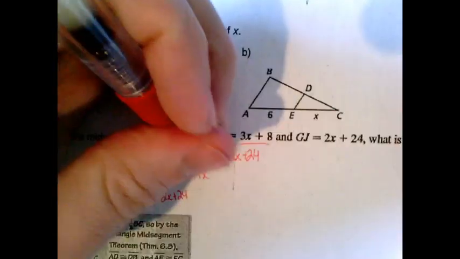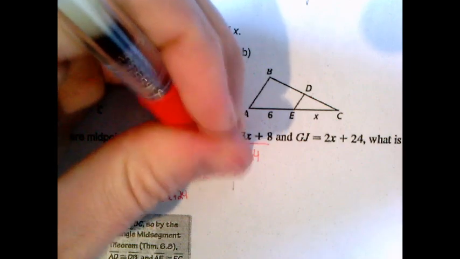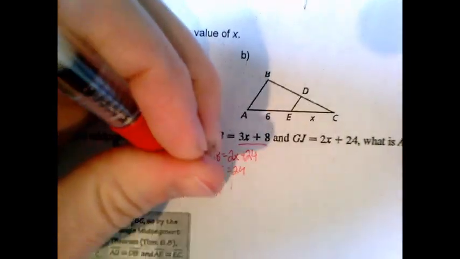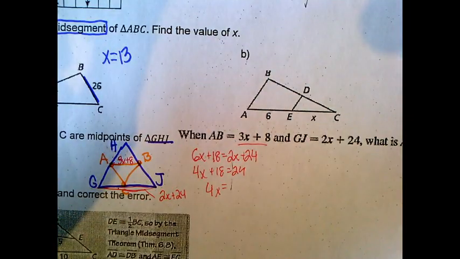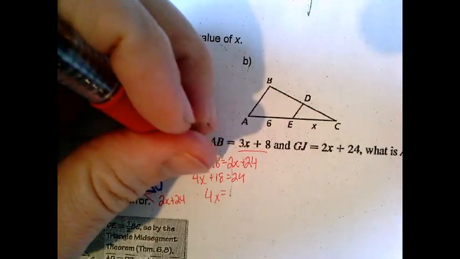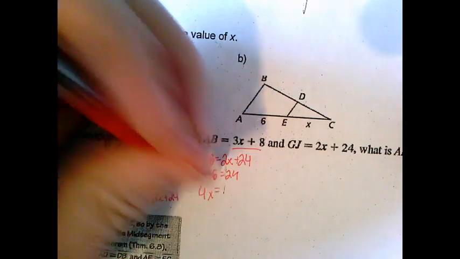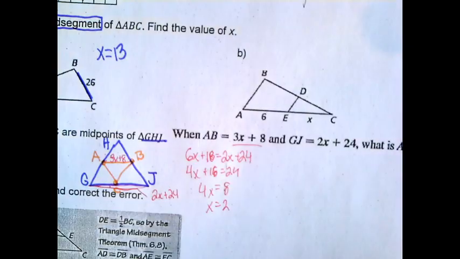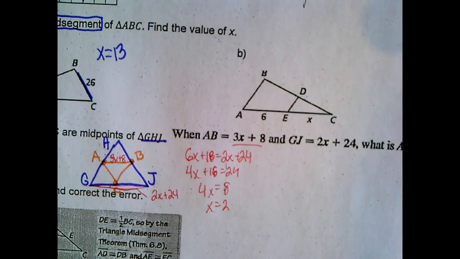And then plus 18 equals 24. And then I'm going to subtract, oh, I copied that wrong, 16. So that's 16. So that's 8. So x equals 2.